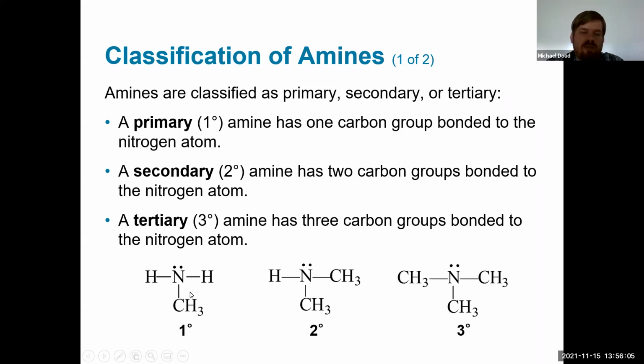For a primary amine, the nitrogen is bonded to 1 carbon chain and 2 hydrogens. For a secondary amine, it's bonded to 2 carbons and 1 hydrogen. And for a tertiary amine, or 3 degrees, it's bonded to 3 carbon groups and no hydrogens.